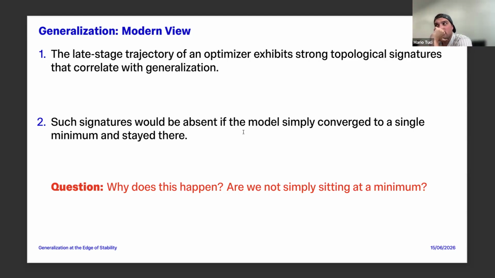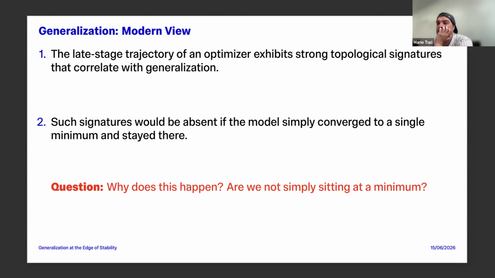Why is this the case? Because when I converge and then look at the trajectory, I basically have in my set always the same point. That would not give me any topological meaning, but apparently it's not at a single point. It does something such that there is topological structure. And it raises a fundamental question. Why does this happen?